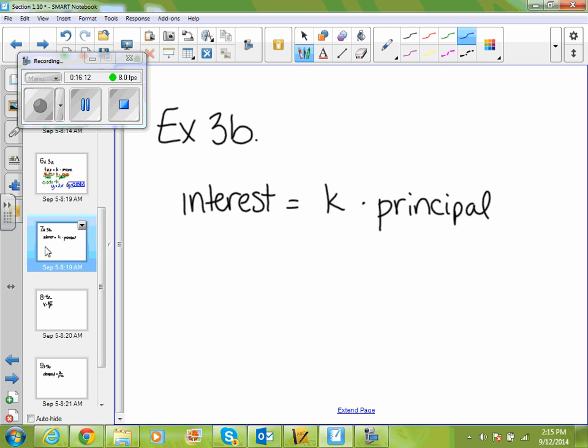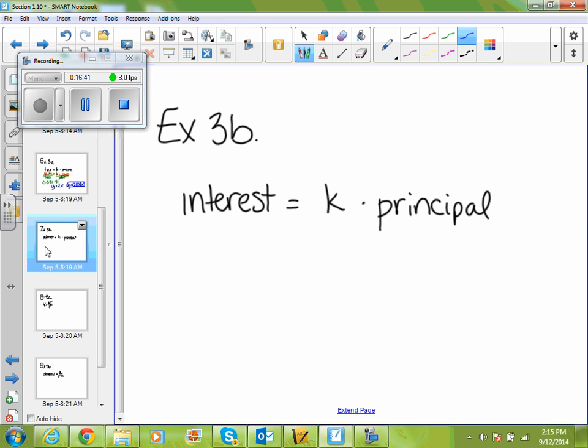Okay, so let's do another one like that. We're talking about interest and principal. The simple interest on an investment is directly proportional to the amount of the investment.